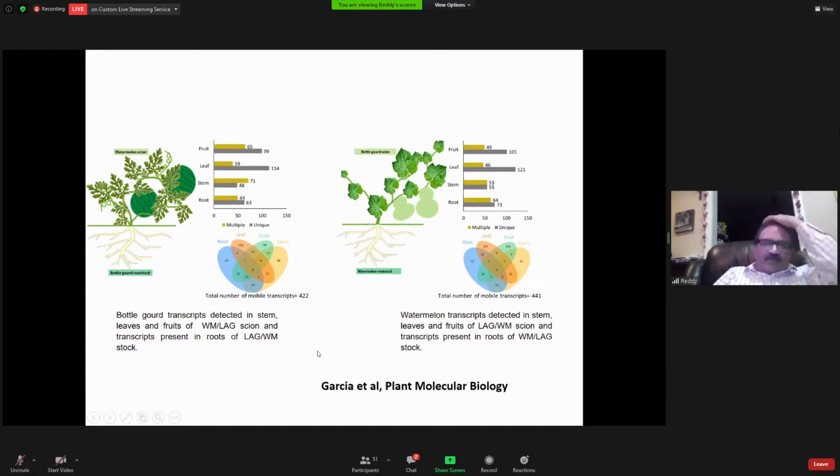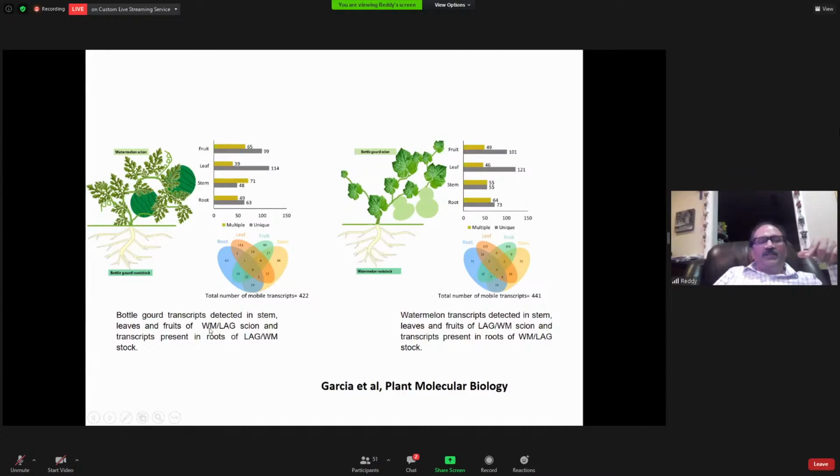And this paper is published and is highly accessed, just to understand this long distance travel of genes across these grafts. Similarly, the Lagenaria used as a scion and grafted on watermelon, the watermelon genes are entering into Lagenaria.